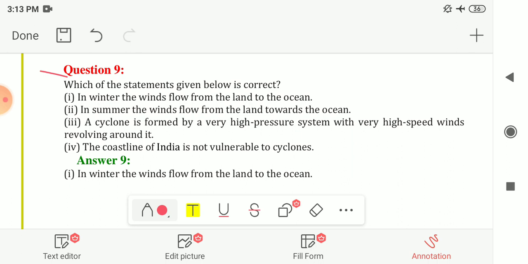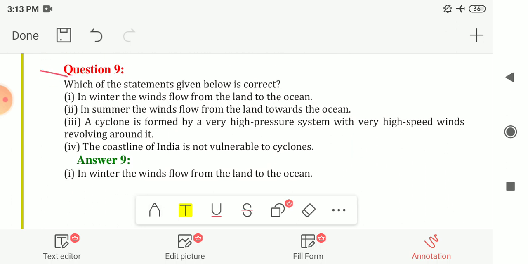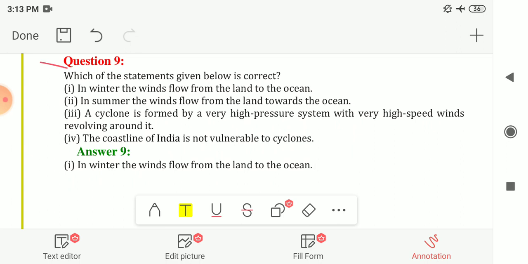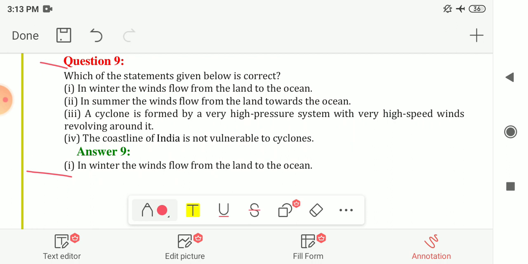Fourth, the coastline of India is not vulnerable to cyclones. From this, we have to find which one is correct. Here your answer is number 1, that is, in winter the winds flow from the land to the ocean. This one is correct, and the rest of the options are incorrect.